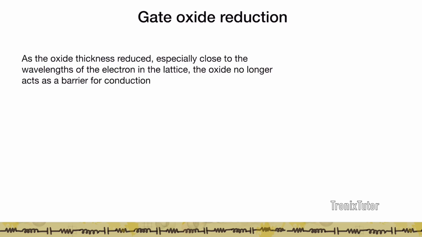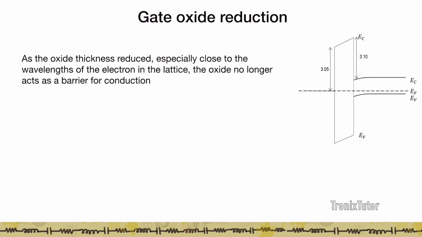Now what happened as you kept scaling this gate oxide? You kept reducing the thickness of the gate oxide, and as these thicknesses became close to the wavelength of the electron in the lattice, this oxide no longer behaved as an insulator.